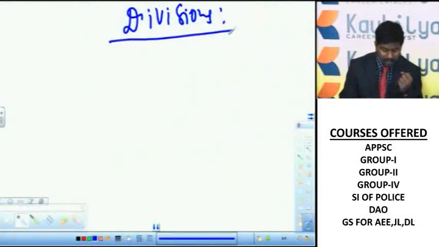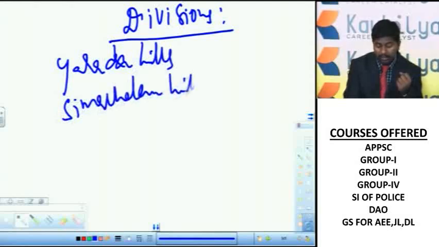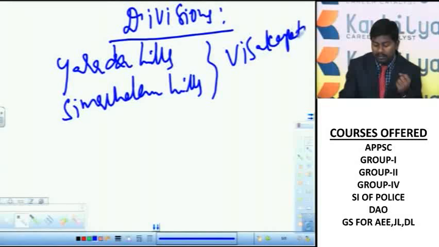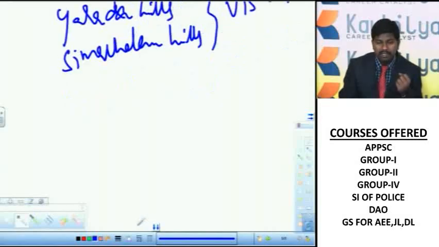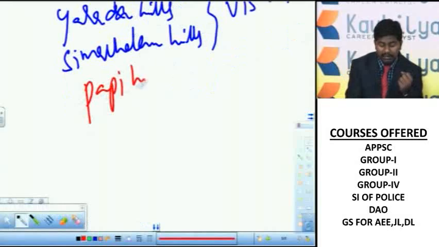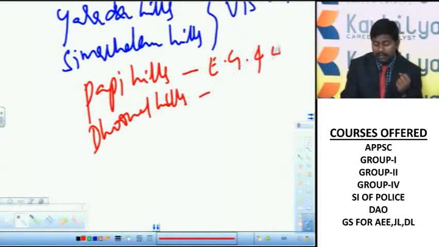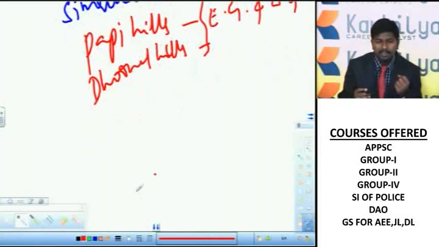Number one, these are called Yarada Hills and Simhachalam Hills in Visakhapatnam district. Then Polavaram Hills and Dhuma Hills in East Godavari and West Godavari districts of Andhra Pradesh, and some of these hills extend up to Khammam district of Telangana.